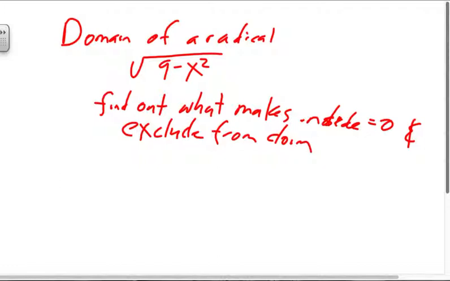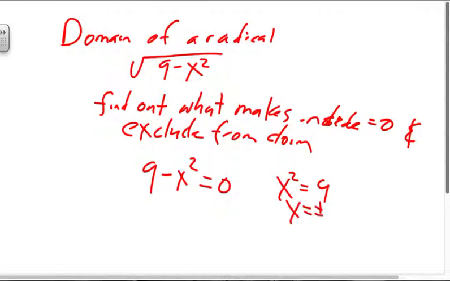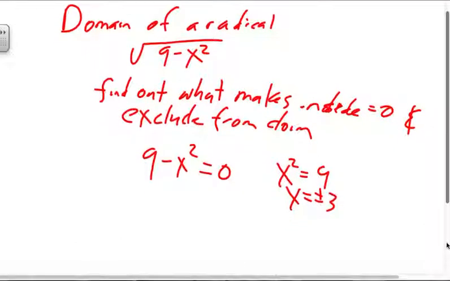So for instance, in this case, I want to find out what makes that equal 0. We have x equals plus and minus 3. Okay, so the question then is, what do I exclude on this?